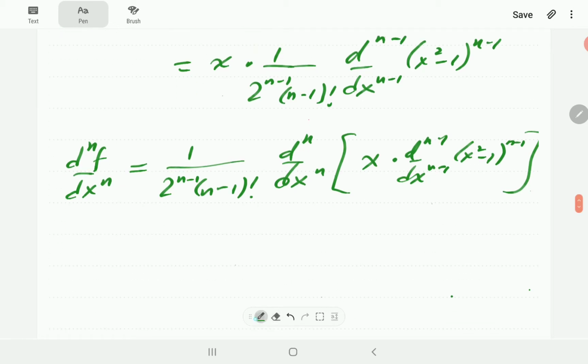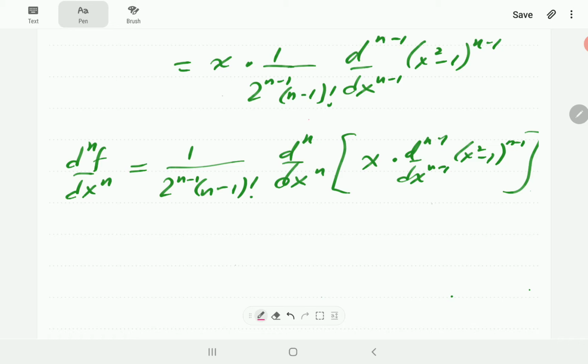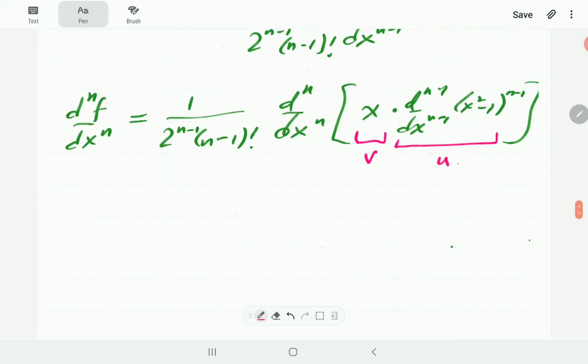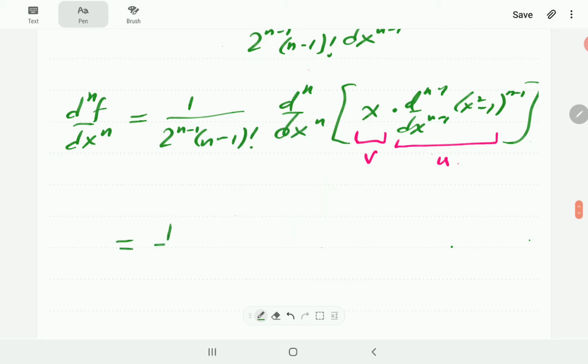Now, what we're going to do here is we're going to use Leibniz rule for differentiating products n times. So if we let this one be v and this one be u, then what's going to happen is we're going to have 1 over 2 to the power n minus 1, n minus 1 factorial.